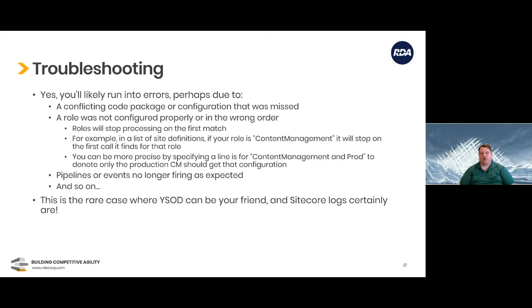And Sitecore's logs kind of smush everything into one log file. So there might be an advantage to having your own log file for your own custom code. That is your choice, of course, however you want to play it.